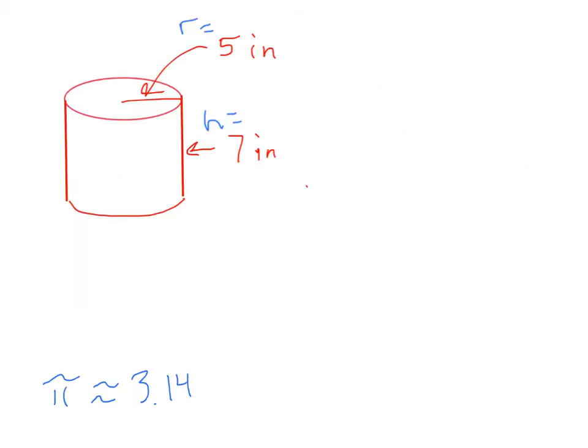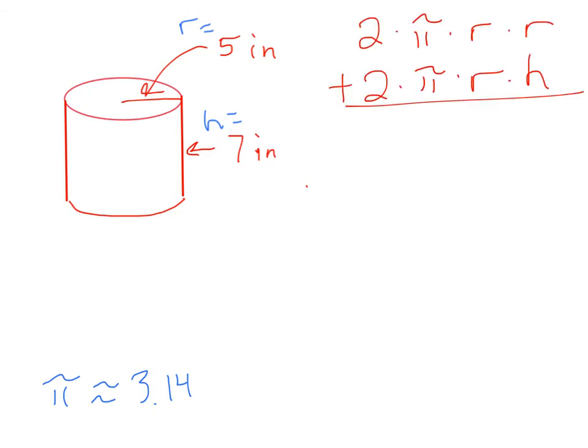Here are our numbers. Again, the formula is 2 times pi times r, radius times radius, plus 2 times pi times radius times height. Essentially, area of a circle times 2, plus circumference times height.